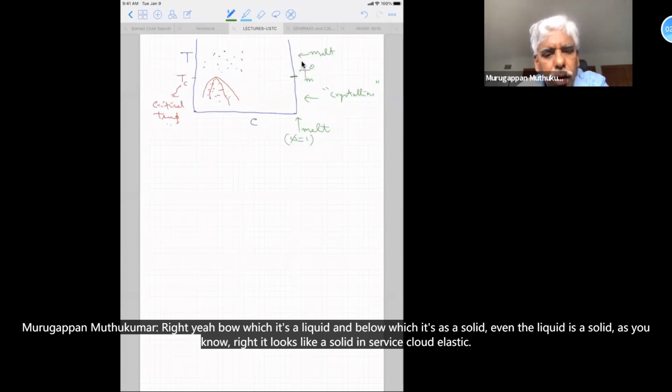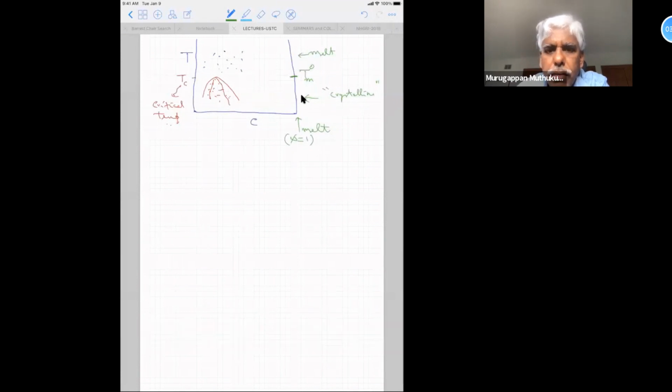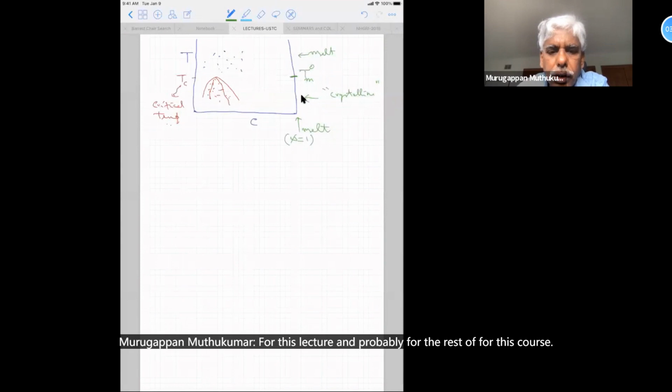Even the liquid looks like a solid, as you know. It's viscoelastic. But below this temperature, you have what's called the crystalline phase. So this is a first order phase transition from the liquid to a solid. That's what we are going to talk about for this lecture and probably for the rest of this course.